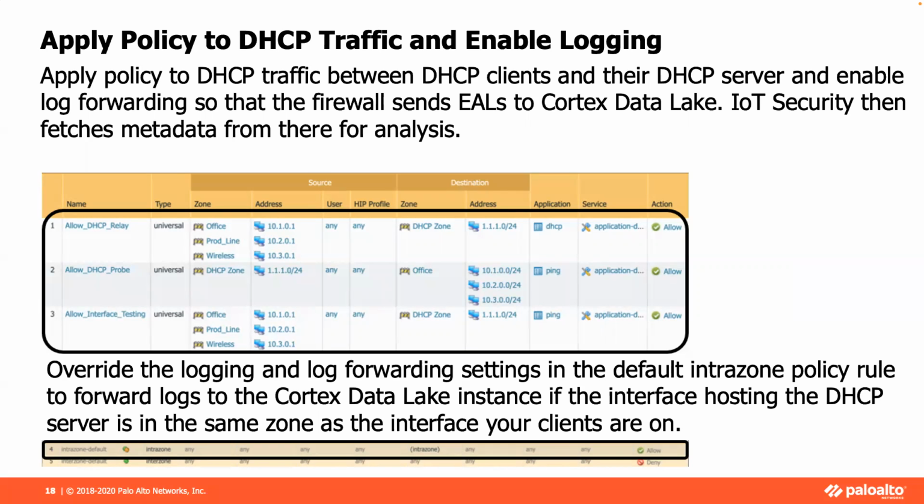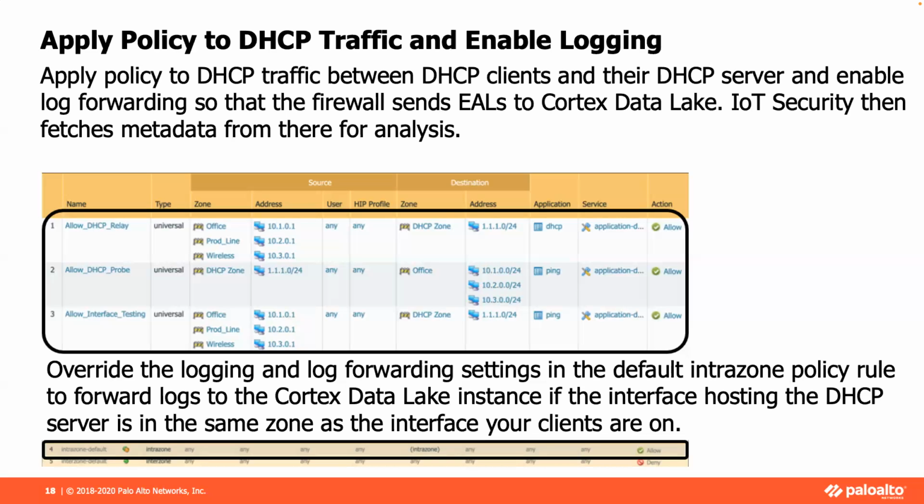So interzone, between zones, is going to be blocked. Intrazone, within the zone, is going to be allowed, but we don't log it. So if you don't have an explicit security policy rule, we can't see this stuff. So if you want to see what devices are making DHCP requests and we're allowing to go online and stuff like that, you probably need intrazone rules within a single zone.